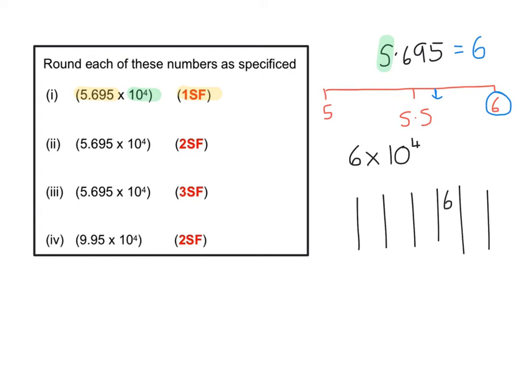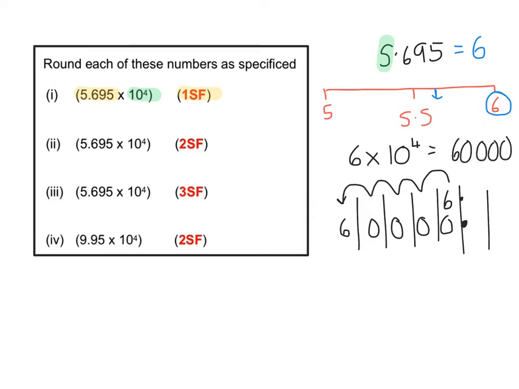We've got 6 times 10 to the power of 4, so it's going to move 4 spaces in the place value table. 1, 2, 3, 4. The 6 is going to go there. The decimal point was there and it will not move. So I just need to fill in the zeros. So my answer is going to be 60,000 for the first one.